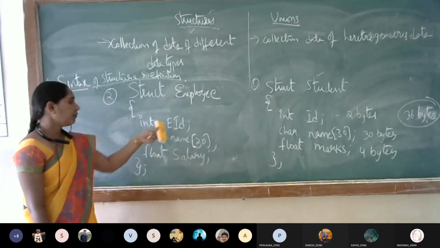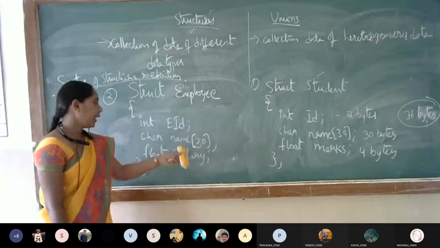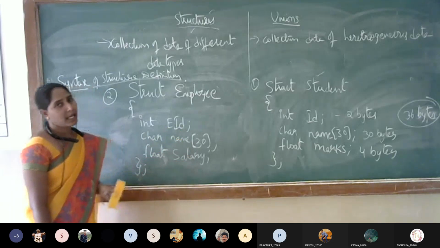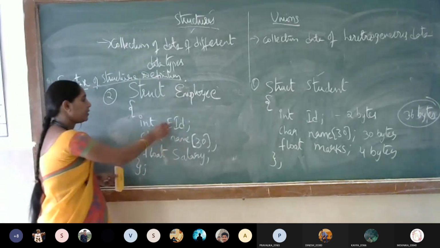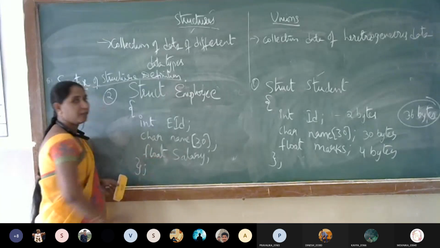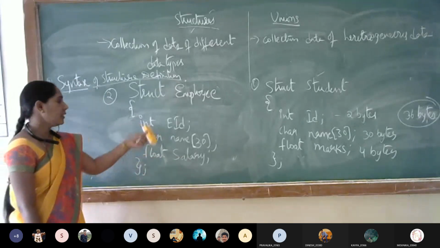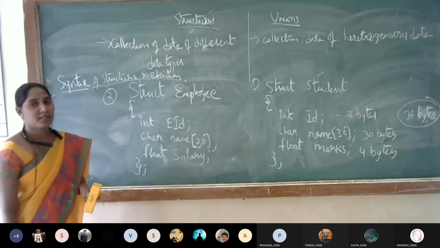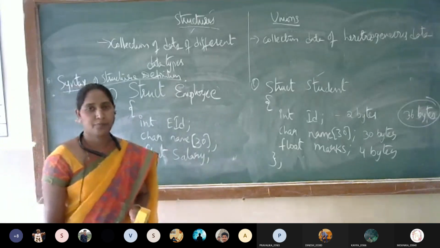What are the 3 members I have taken? The 3 members are EID, name and salary. ID is defined with int, name is defined with char, and salary is defined with float. So these 3 are the members of the structure employee.